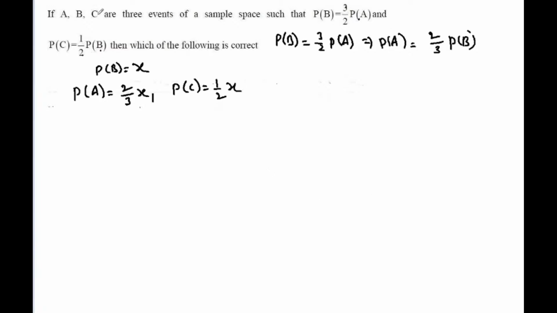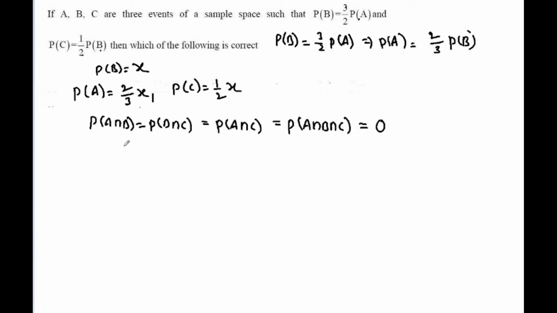Here A, B, C are mutually exclusive events, that is intersection of those values all are 0. So that is probability of A intersection B is equal to probability of B intersection C is equal to probability of A intersection C is equal to probability of A intersection B intersection C is equal to 0, and the probability of A union B union C is equal to 1.